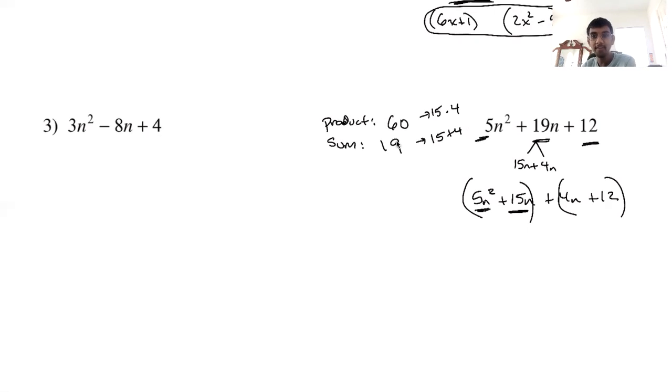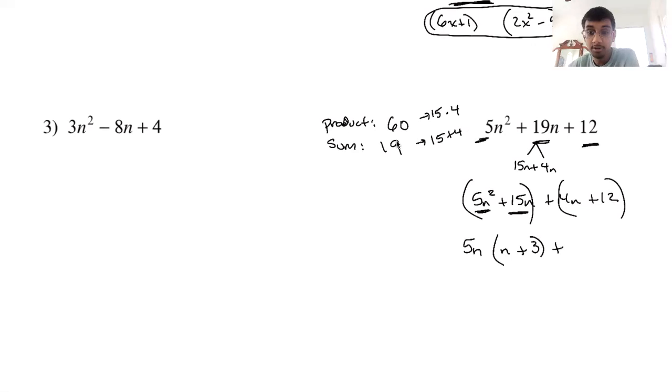Well, the answer would have to be 5n, right? Because nothing else could be divided into 5n squared and 15n that would go any further. So we'll put 5n on the outside of the parentheses, and on the inside we have to put whatever 5n squared divided by 5n is, which is just n. And then 15n divided by 5n, which is 3.